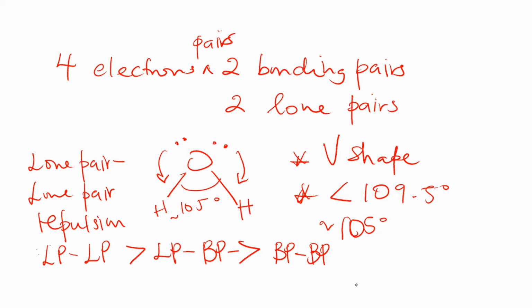All right, so the thing about these bond angles and shapes, and the electron pairs, and the number of bonding pairs and lone pairs they have, you kind of have to commit that to memory. So say for instance it has 5 electron pairs, and all are bonding pairs.